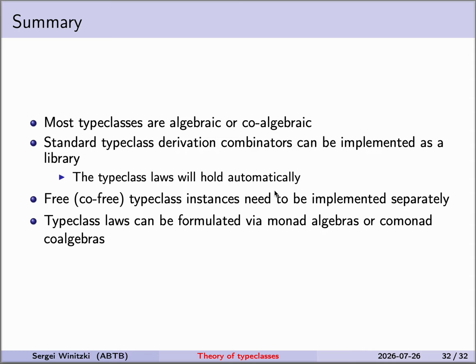A coalgebraic type class without laws is the category of functor coalgebras. The coalgebraic type class with laws is the category of comonad coalgebras with a specific, correctly chosen comonad. That view allows you to look at type classes in a very abstract way and talk about properties that are common to all type classes. This is the power of category theory.